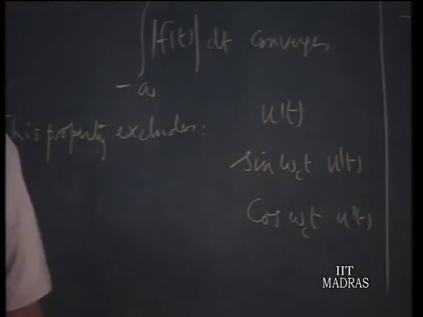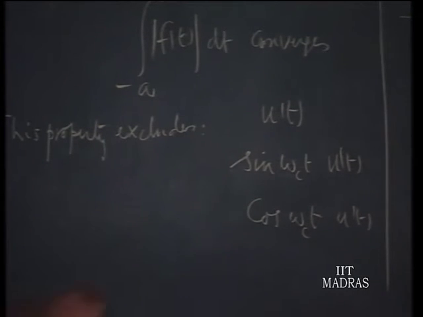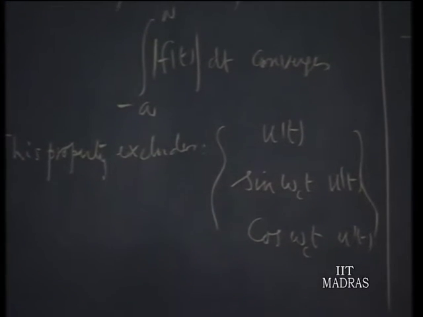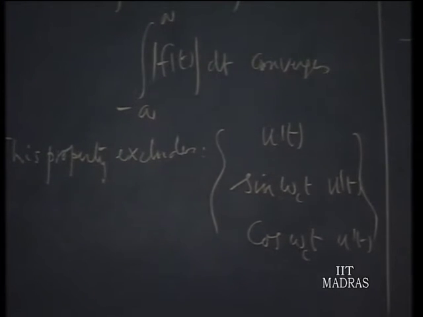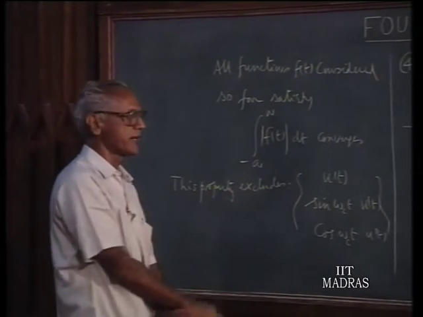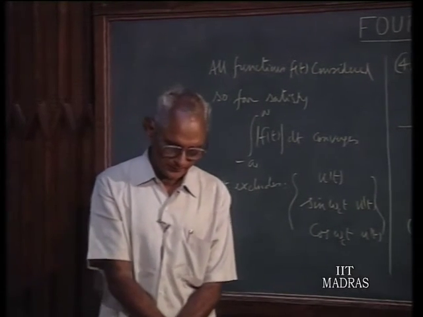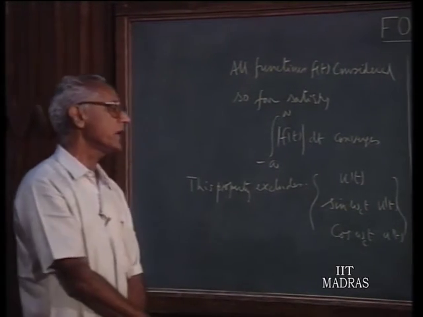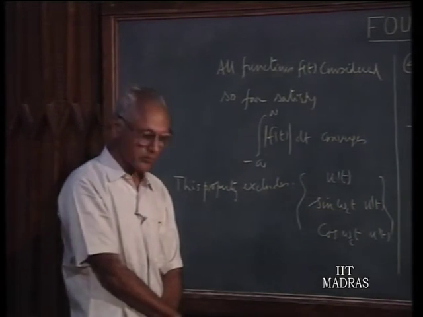Functions like this are important and we come across them quite commonly, but in the classical sense these functions do not satisfy this property. Therefore, we do not find the Fourier transforms for this, not yet anyway. In the classical Fourier transform theory, these functions were excluded from the scope, but now that impulse functions have become a matter of common usage, once we have impulse functions we should be able to find out the Fourier transforms of these functions as well, which we will do a little later.